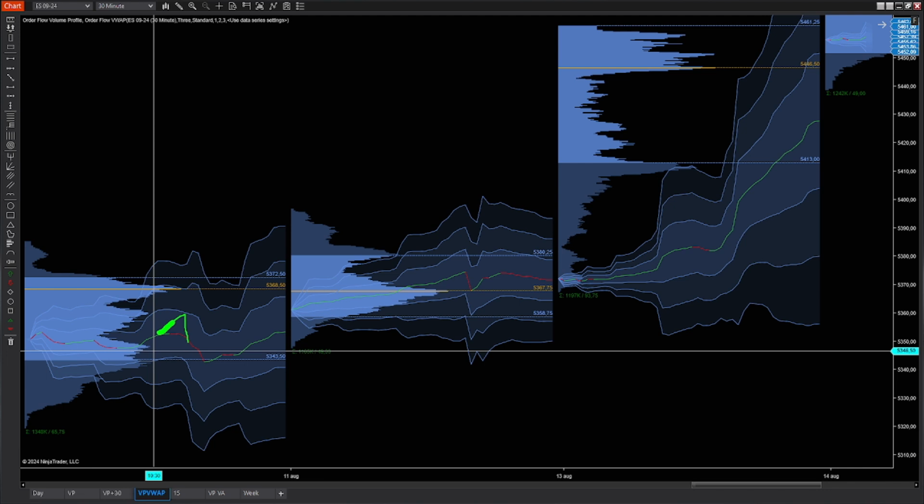When price is moving away from VWAP between these standard deviations, we are building new value areas around this. As you can see, we are developing a new value area from this area, which is perceived here, to this area, as we can see here.